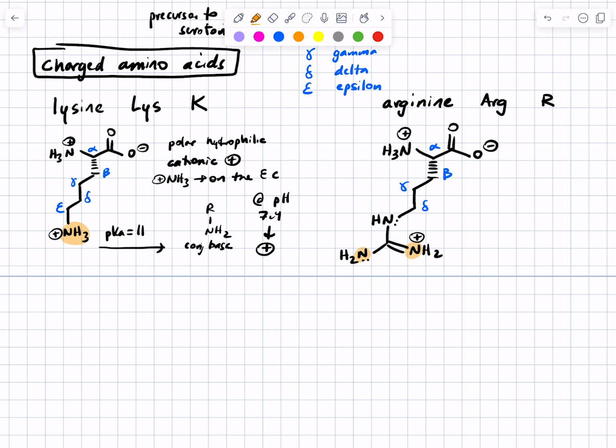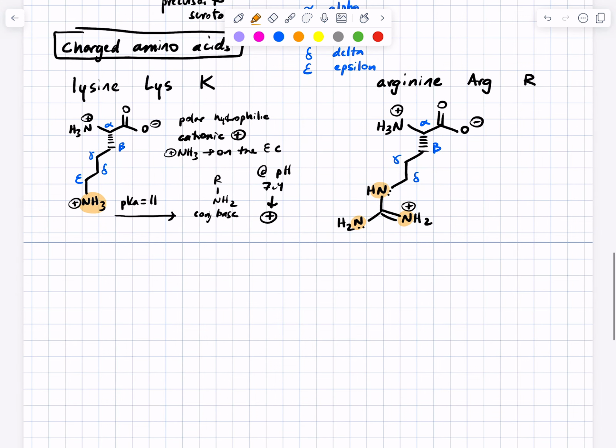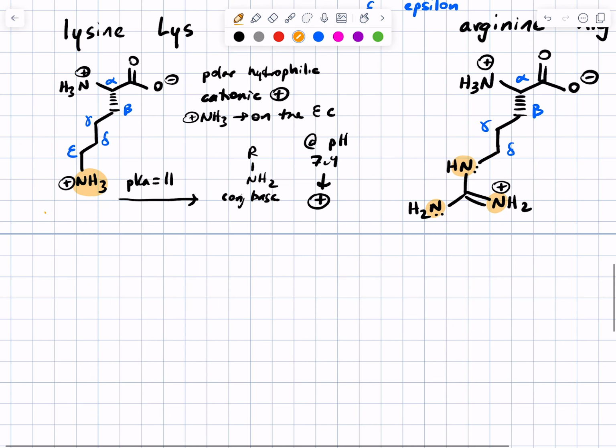So arginine, I'd say, is sort of on the level of tryptophan in terms of its structural complexity. This functional group in arginine, in lysine, the functional group was called ammonium.